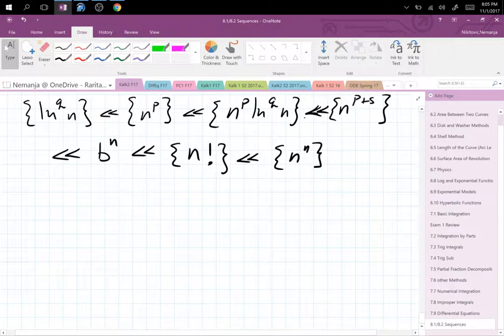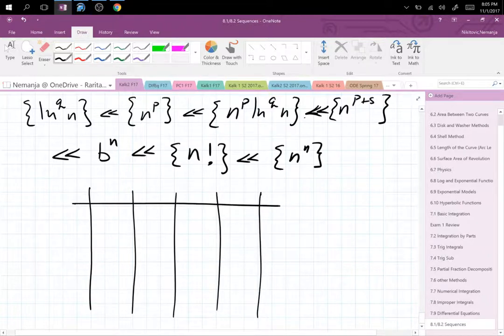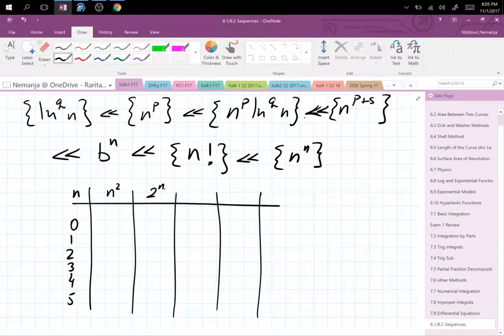Just to get some sense for this, we create a chart of values. Here's your vanilla n: 0, 1, 2, 3, 4, 5. And over here we can put n squared, 2 to the n. What else do I need? Oh, I skipped 2n.